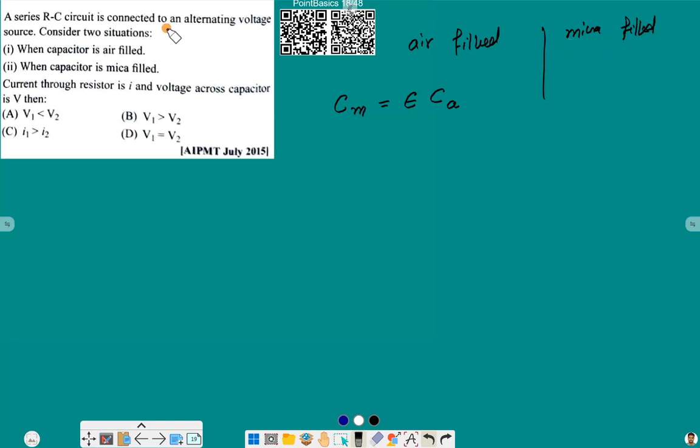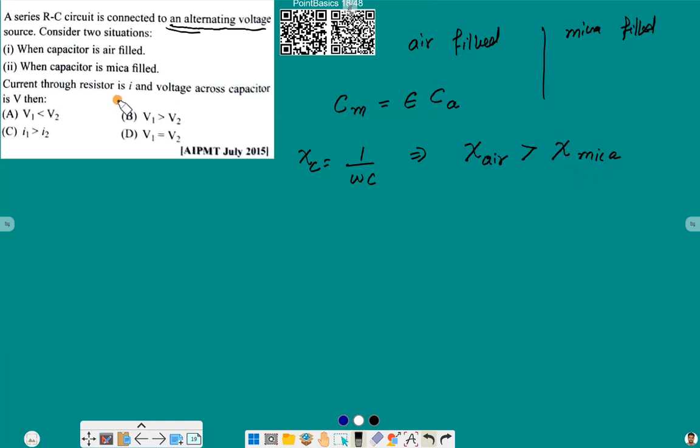Now as mentioned, the source is an AC source, so in case of an AC source, the impedance of a capacitor is given by 1 by omega C, or impedance is inversely proportional to the value of the capacitance. So from this we can say the impedance of the air capacitor will be greater as compared to the impedance of the mica capacitor.